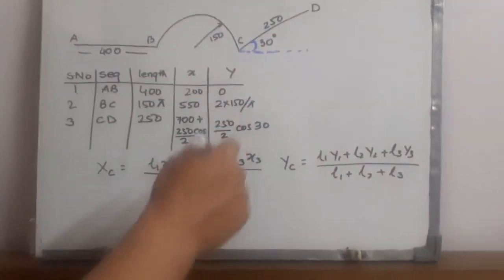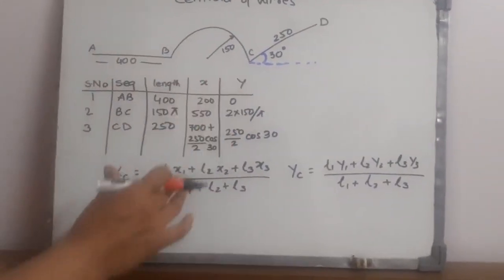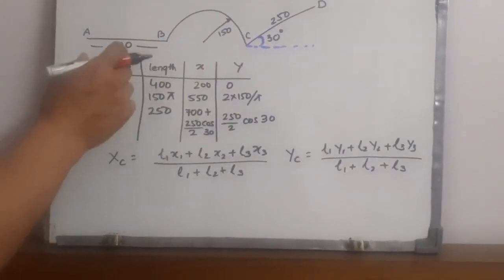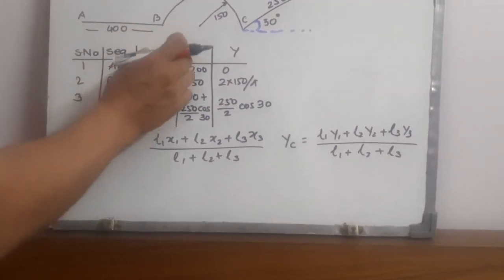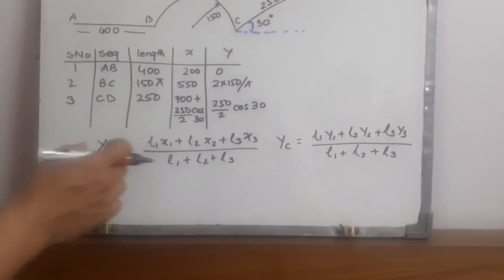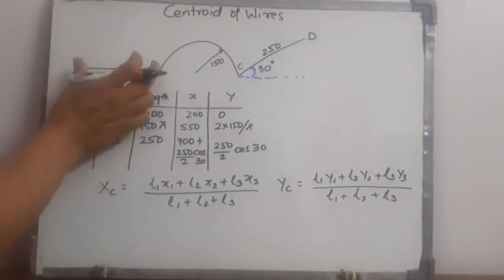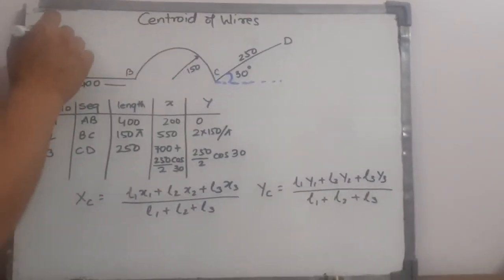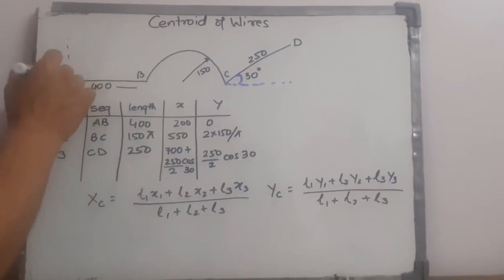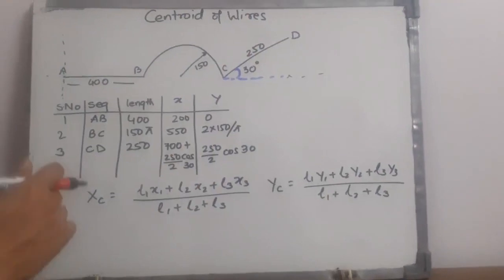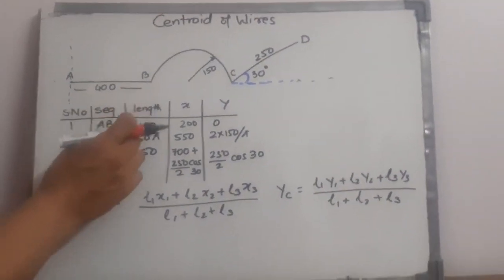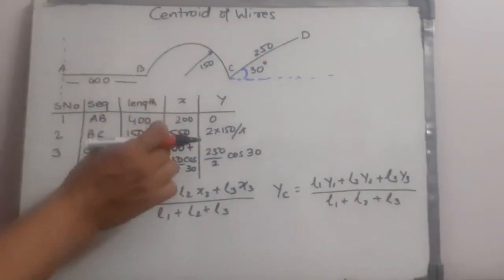So what you have to do here is prepare a table, where you write down the serial number, the segment, the length, the x and y. So serial number 1, this is length, this is your reference frame. This is your y-axis, and obviously this is your x-axis shown by the blue dotted line. So for segment AB, the length is 400 mm.